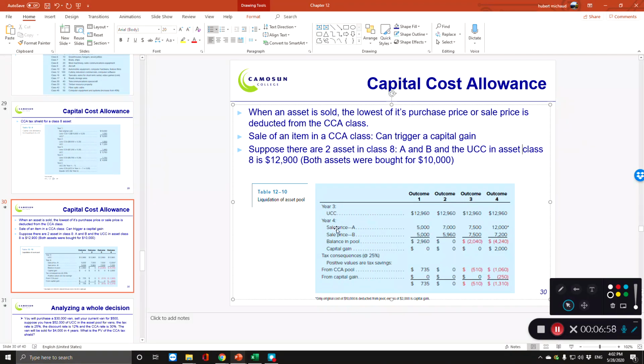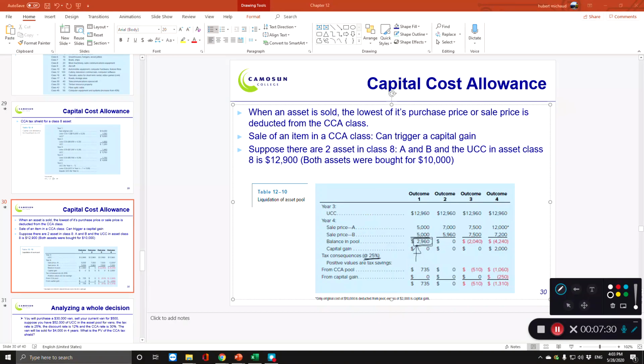In this case, if I sell asset A for 5,000, I sell asset B for 5,000, I have 2,960 that wasn't used from my undepreciated capital cost. So I can automatically just use that, basically as a loss of capital. It's tax deductible, so I'm going to save 25% of this because I won't have to pay tax on this.